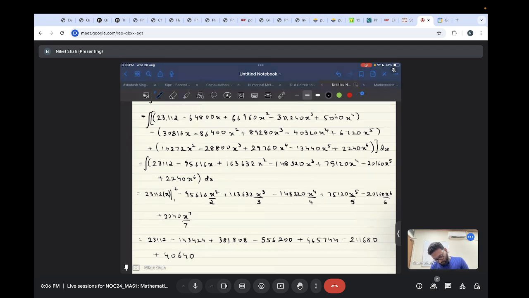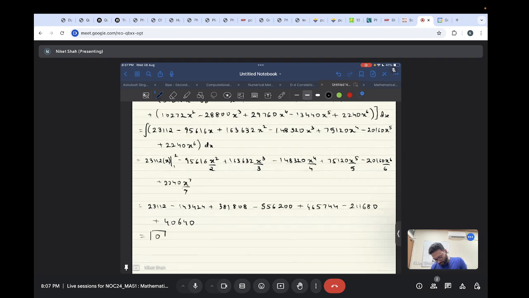Whew, that's the whole term. 23112 minus 143424 plus 381808 minus 556200 plus 465744 minus 211680 plus 40640, and this number is exactly 0.